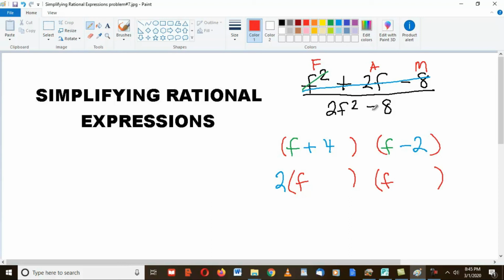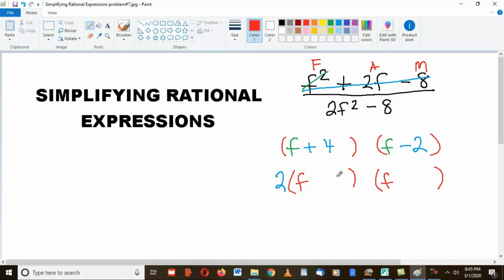Now the last thing we have here is negative 8. We have two numbers here that we have to put inside, and we have to multiply the 2 by everything inside the parentheses, and it has to add up to 8. So what should these other two numbers be if we're multiplying and we want them to add up to 8?